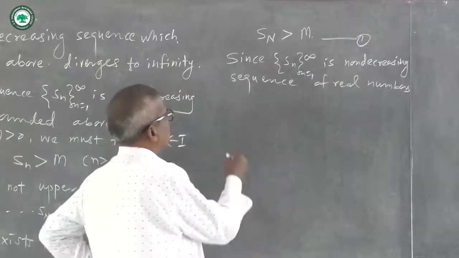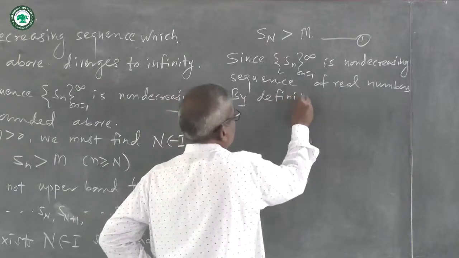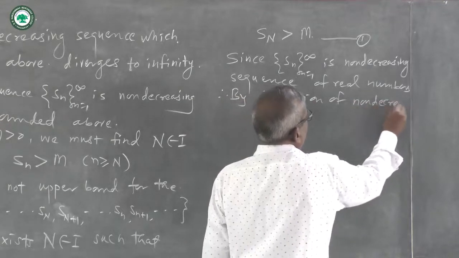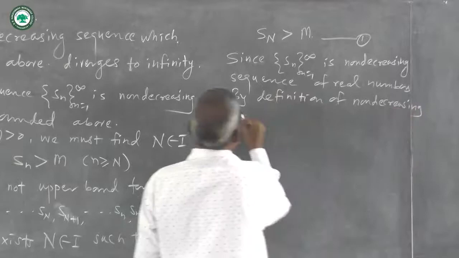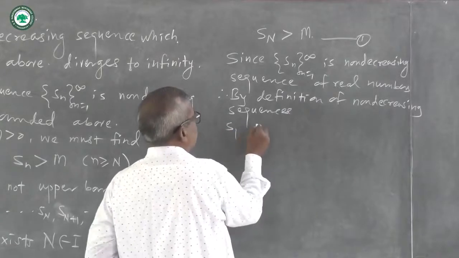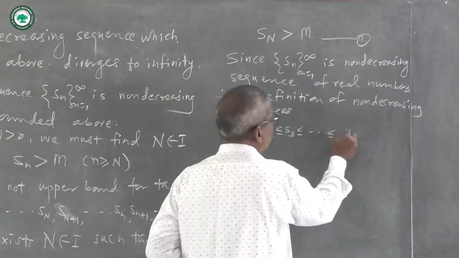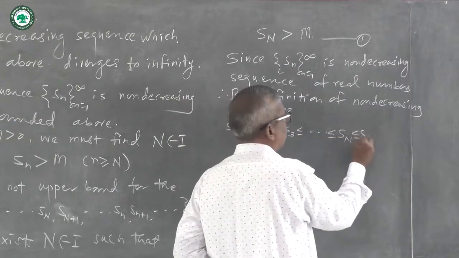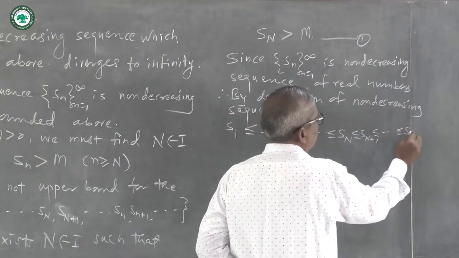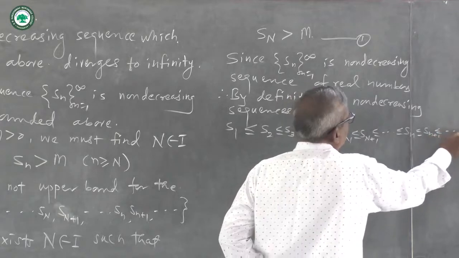therefore, by definition of non-decreasing sequence, S1 is less than or equal to S2, S2 less than or equal to S3, and so on, Sn less than or equal to Sn plus 1, and so on, less than or equal to S suffix small n, less than or equal to S suffix small n plus 1, and so on.